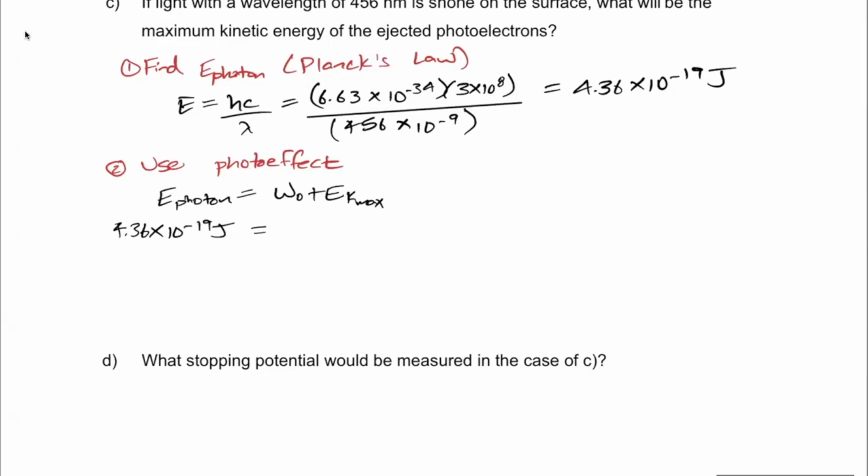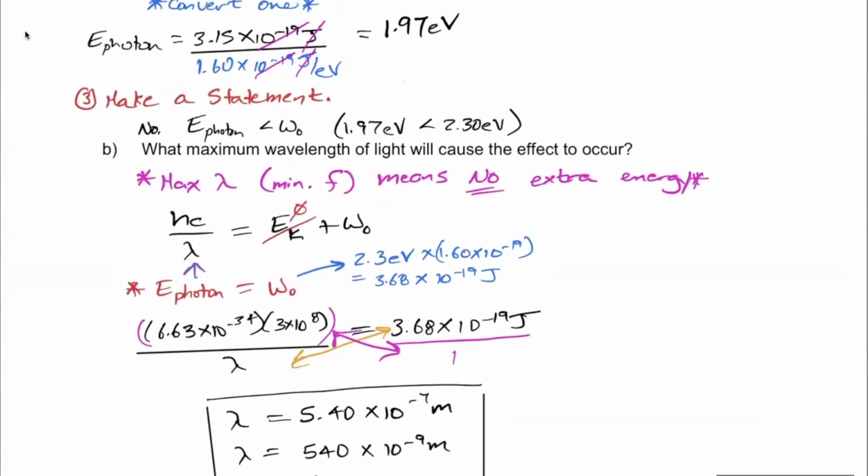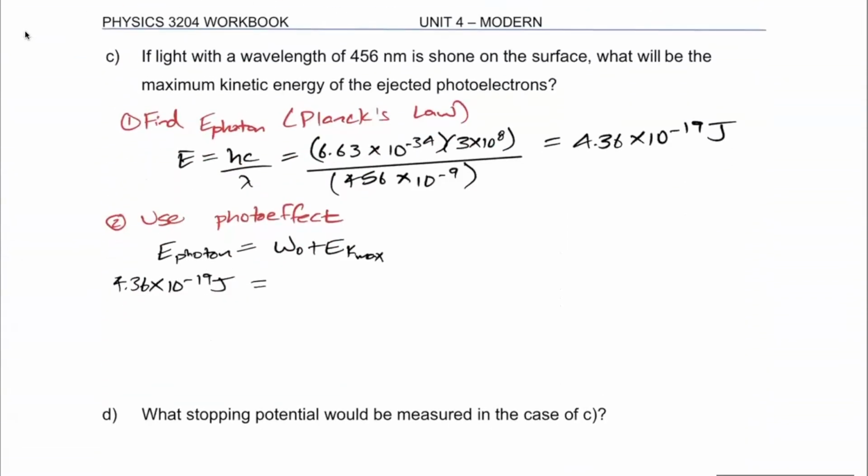The work function we calculated previously. So if we look back up here for just a second, our work function is 3.68 times 10 to the negative 19. Remember, we're still on the same question. There's 4 parts to it. It's long. 3.68 times 10 to the negative 19 joules, and we want EK max.